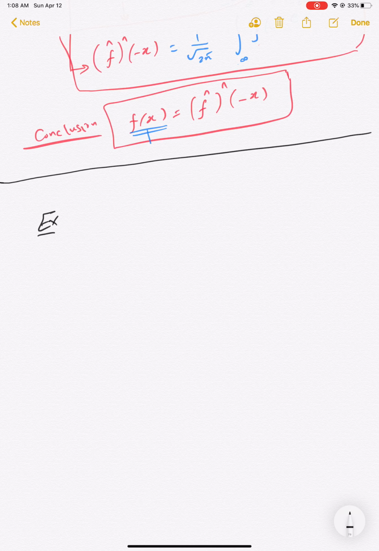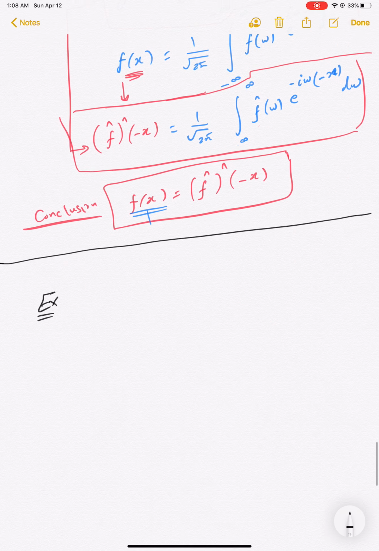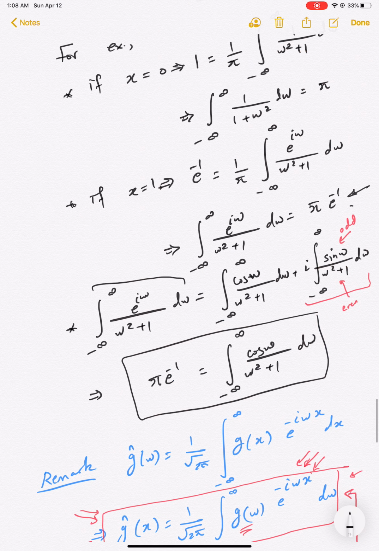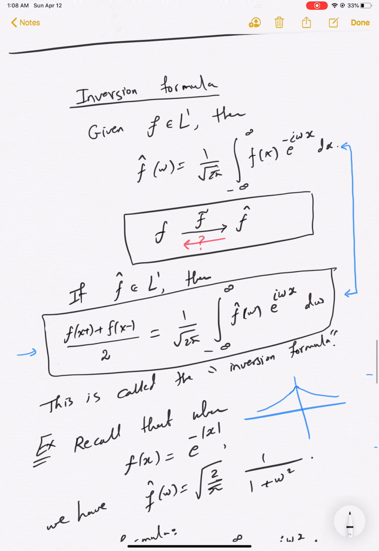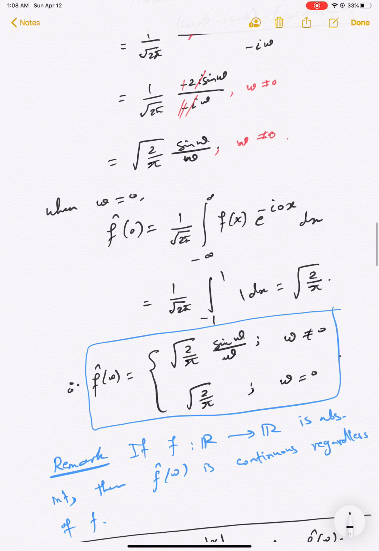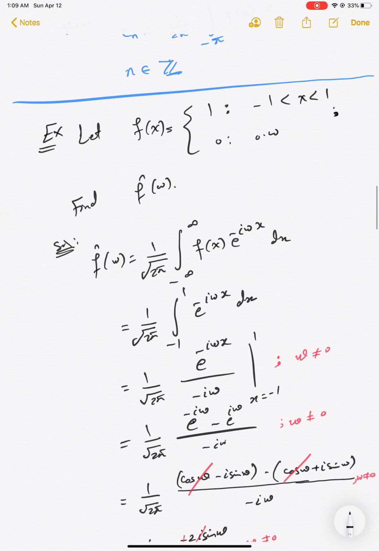Let's take another example, and in this example I want to go back to the first example here in Fourier transform. Remember, we had this rectangle, the function 1 over the interval -1 to 1, and 0 everywhere else.